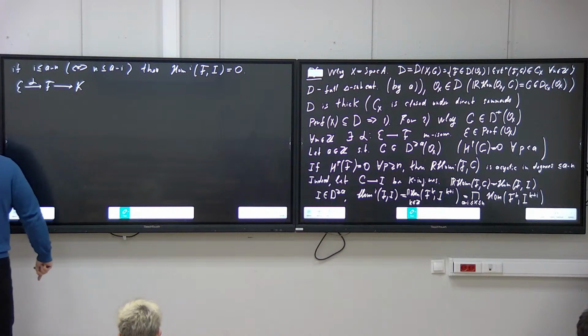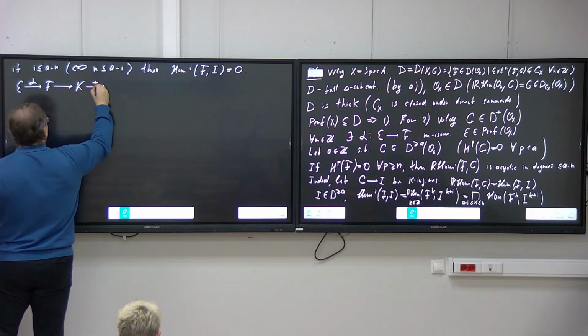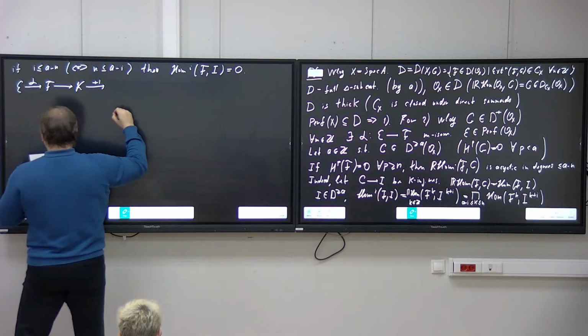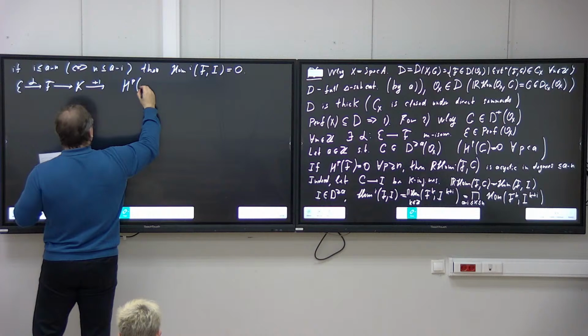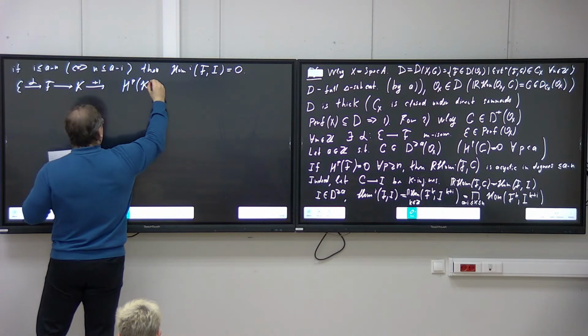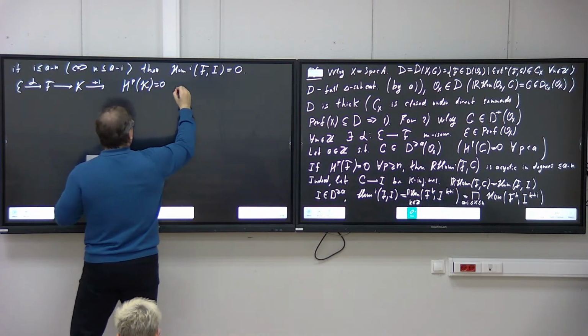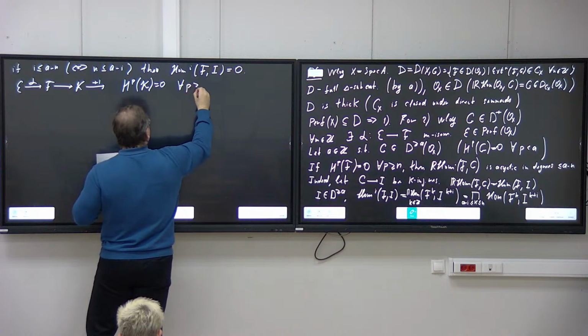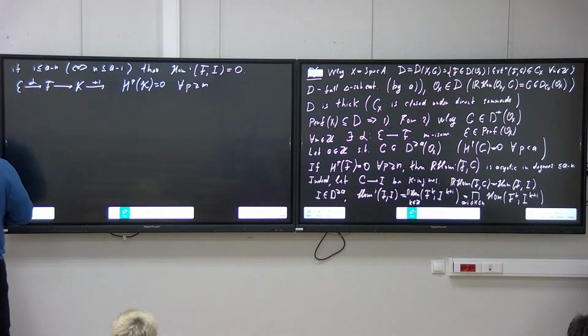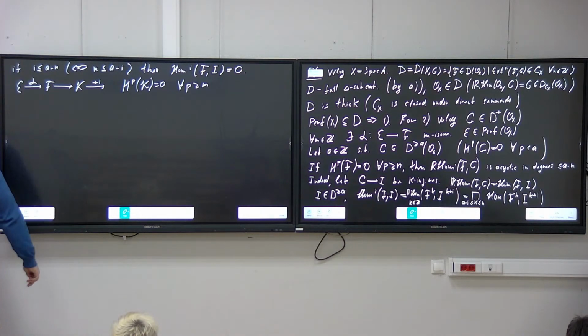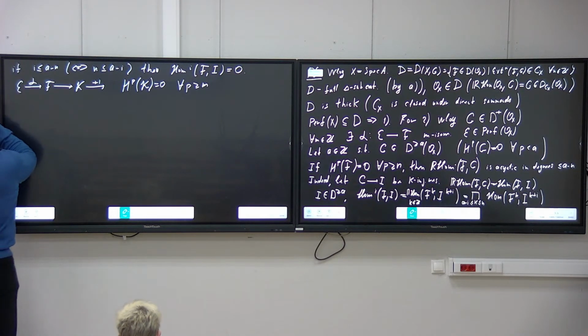The third object is K. And for the K, I know that the homology of K, H^p, is equal to 0 for any p greater or equal than m. That's because alpha is an m-isomorphism. Okay, so then we have along that sequence. I think you can guess how the proof now works.